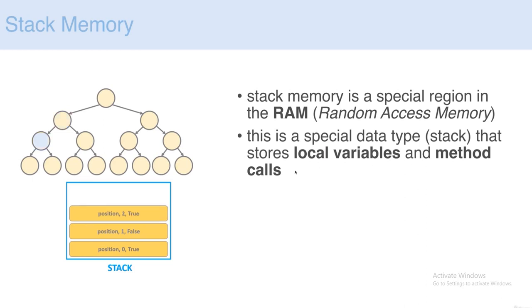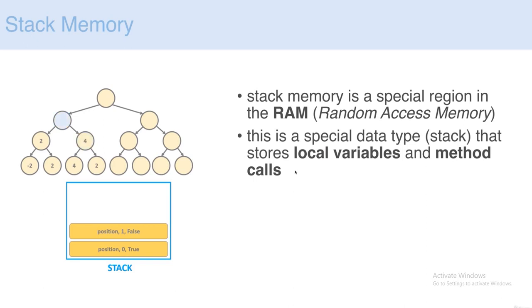So for example, on the left, you can see the illustration of the tic-tac-toe game with the help of the minimax algorithm. Essentially, the minimax algorithm is a recursively implemented depth-first search. What's important is that essentially we keep calling the same method over and over again. And as you can see, the stack is going to track these independent method calls.